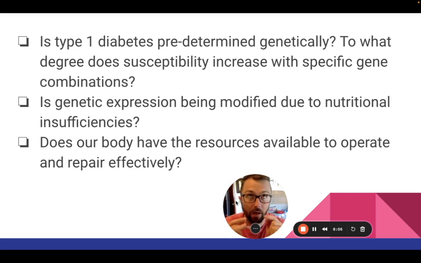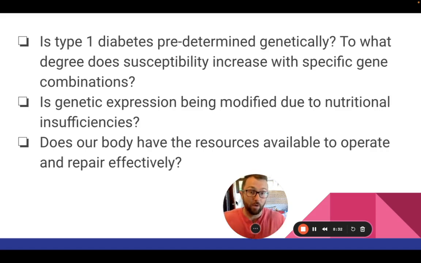Does a combination of these three genes make you more susceptible than a combination of two other genes? And because there's over 20 different identified genes that have a correlation with diabetes, there's just infinite combinations in terms of how susceptible you are to genetic predispositions.